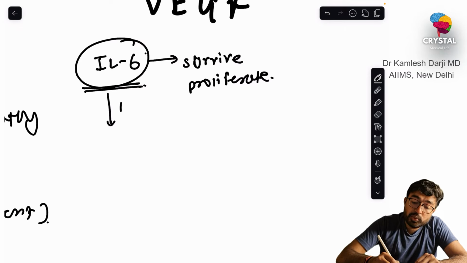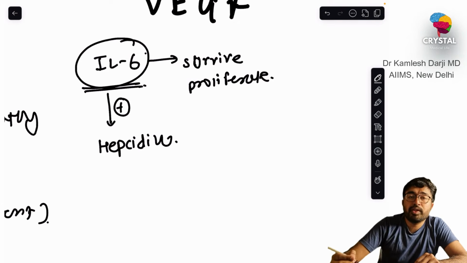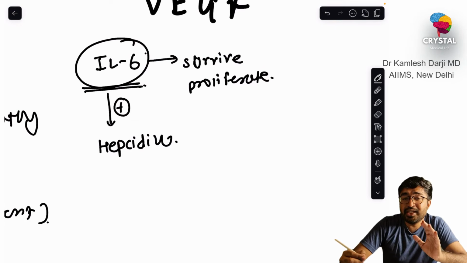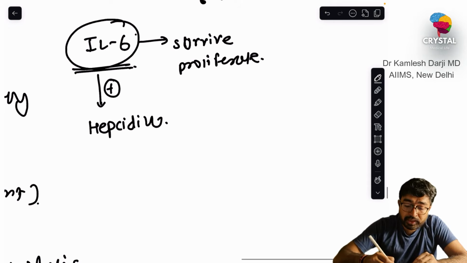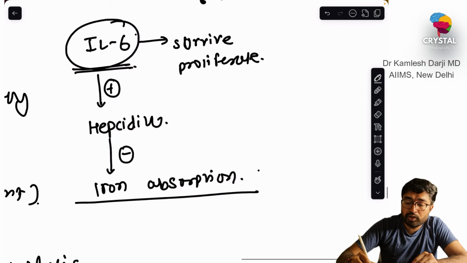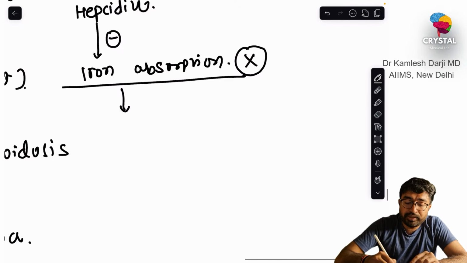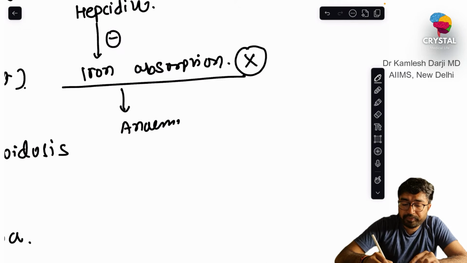Also, it will activate your hepcidin. Hepcidin is an iron checkpoint regulator. So this activated hepcidin will block your iron absorption from your cells into the blood. So your iron absorption is nullified and you will develop anemia.